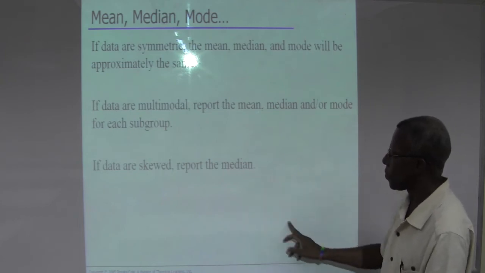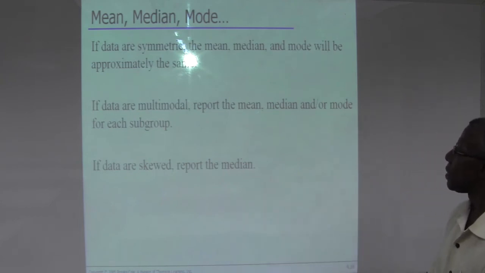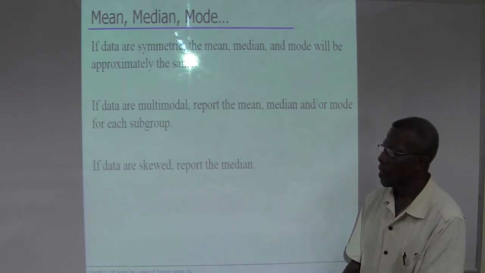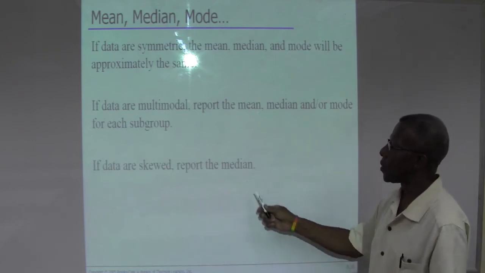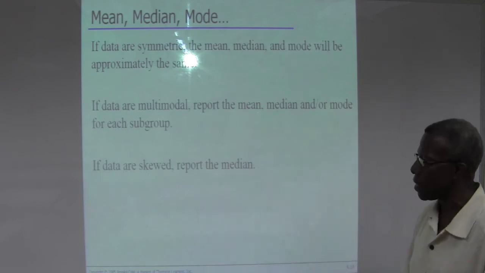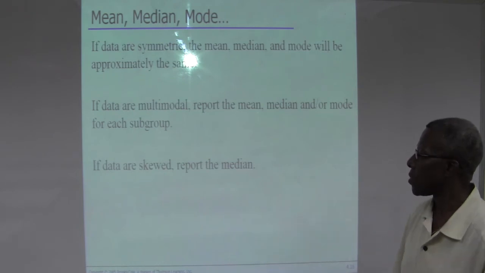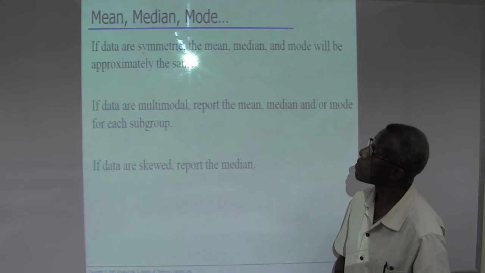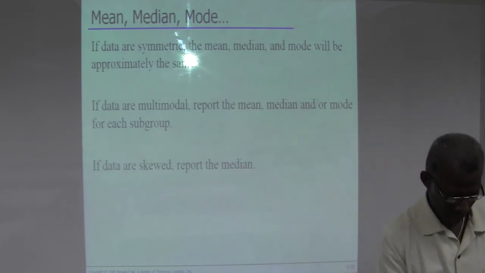If data are skewed, report the median, because the median is not affected by skew. It's only the mean that is affected by skew. Right? That speaks to the mean, median, mode.